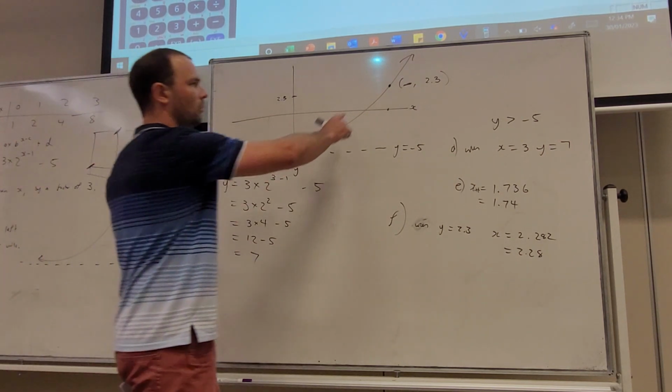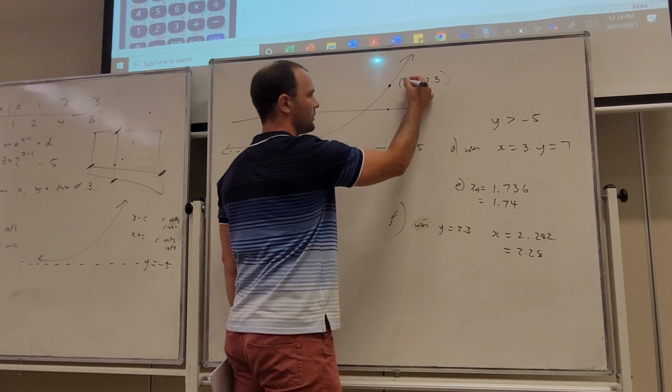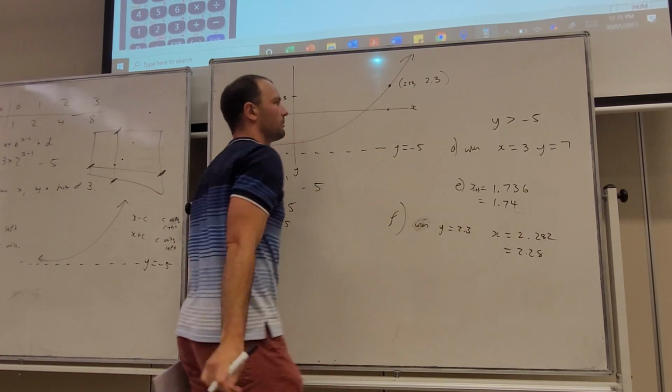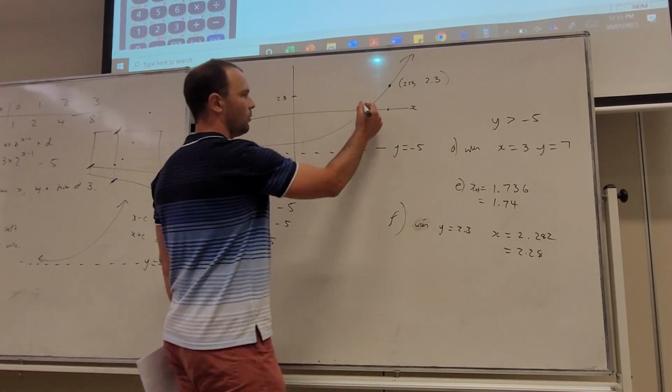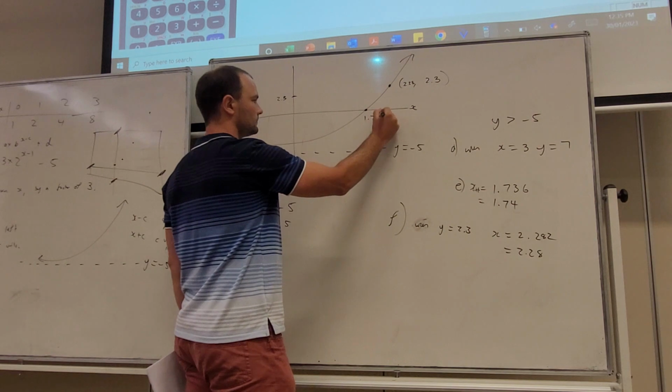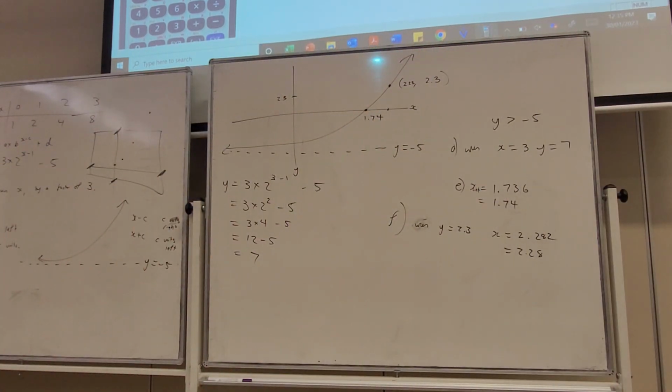So we know that the coordinates of this point, when y is 2.3, x is 2.28, almost 2.3 as well. We also know that the x-intercept is 1.74. We didn't find the y-intercept. I'll do that quickly. Minus 3.5.